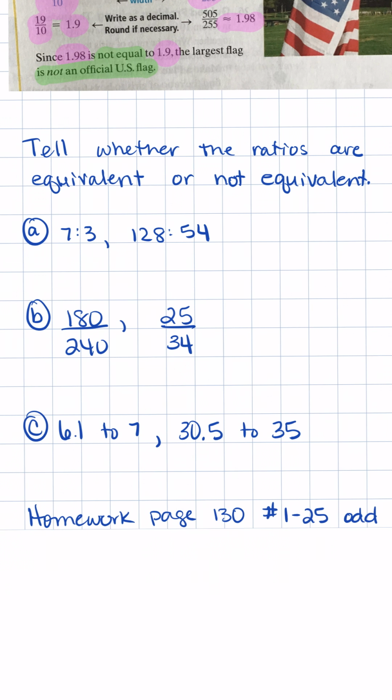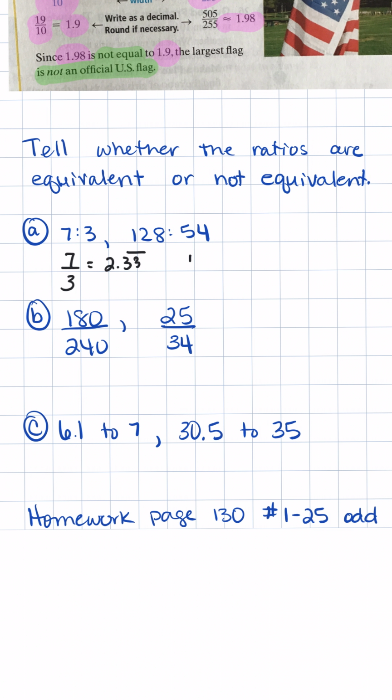So let's look at these ratios and tell whether they are equivalent or not. If we do it the way that they did it above, you take your calculator and do 7 divided by 3, and that equals 2.33, and it keeps going.